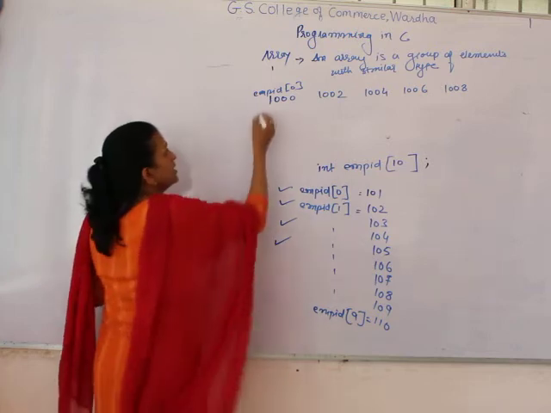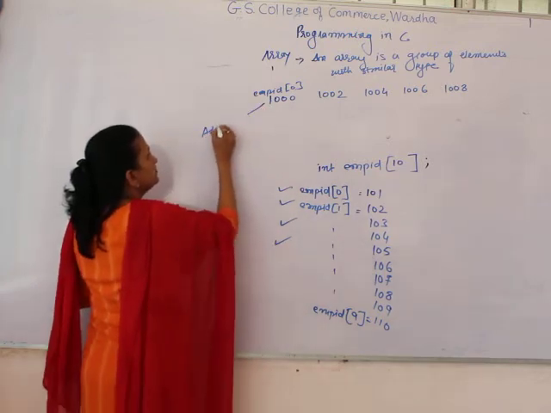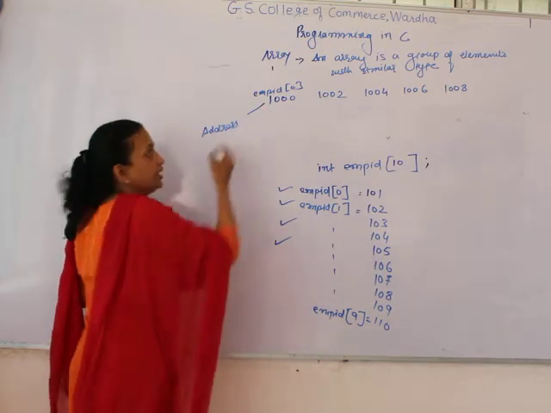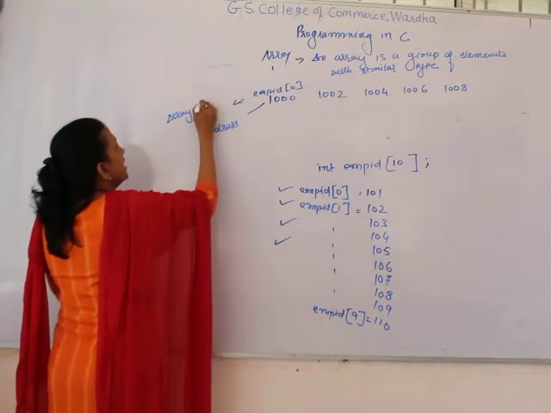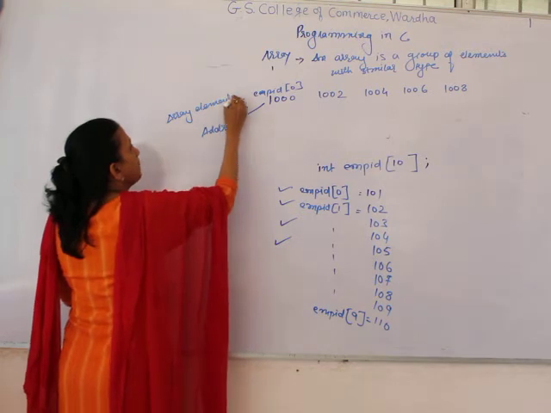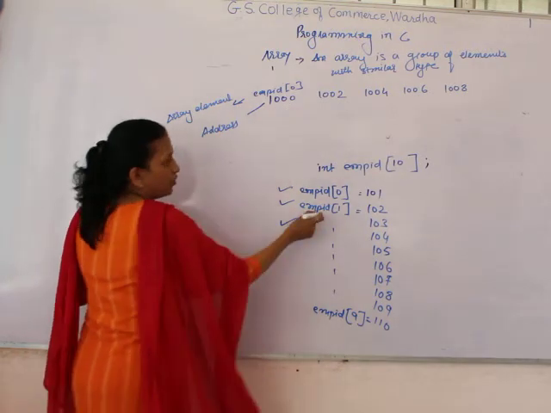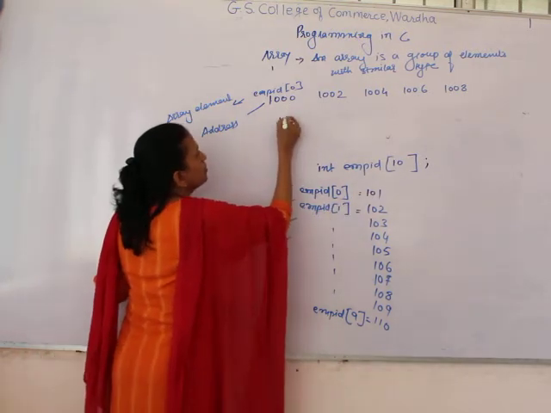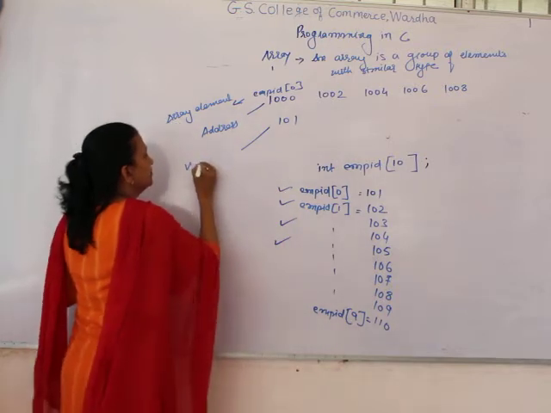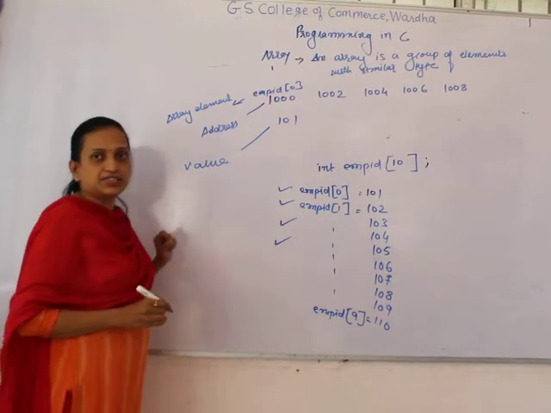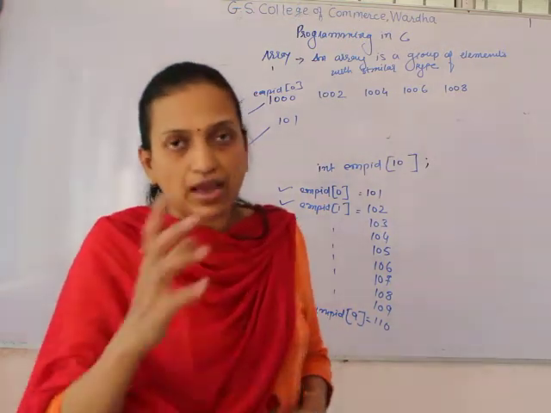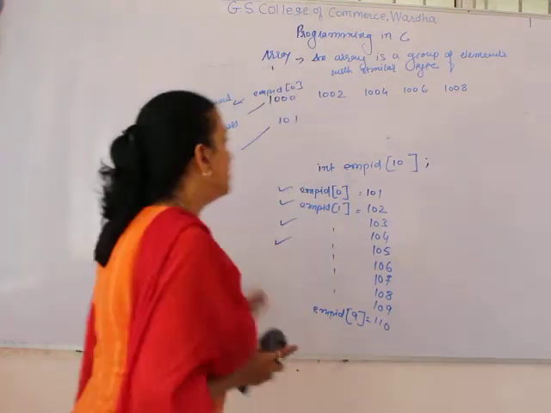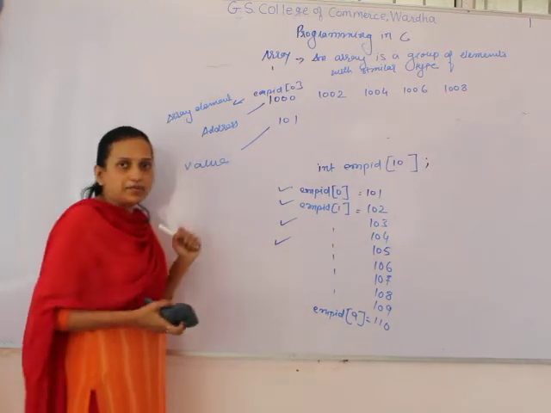This is the address, these are the array elements, and what you are storing here is 101. This is the value of your array element. In this way, the values of array elements will be stored in memory.